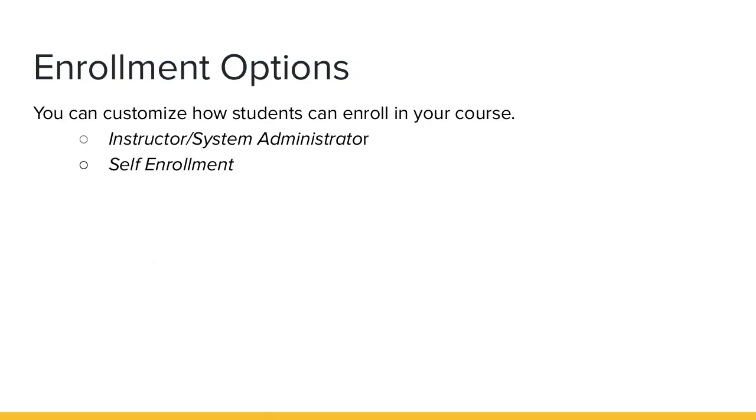Options. If you're going on the properties page under your control panel, under customization, you're going to see that you have the option on the types of enrollment. So you have two types of enrollment in the course. You have instructor system administrator enrollment, or you have self-enrollment.